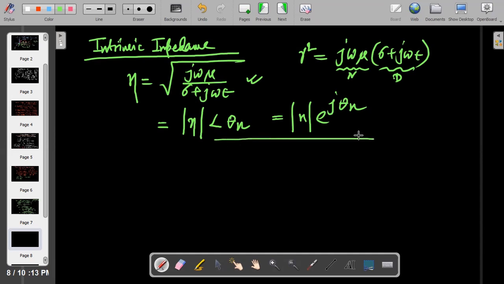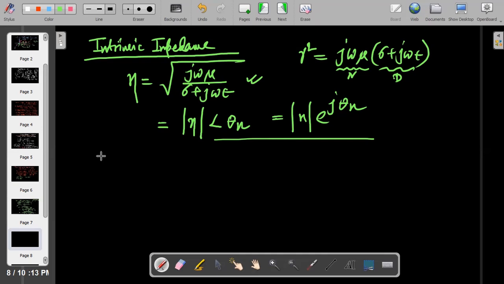Both are correct. You know how to get mod of eta. On Tuesday we will solve some problems, and it will be very clear. Mod means j will vanish and all, you know how to do. Now, what is the loss tangent and all?